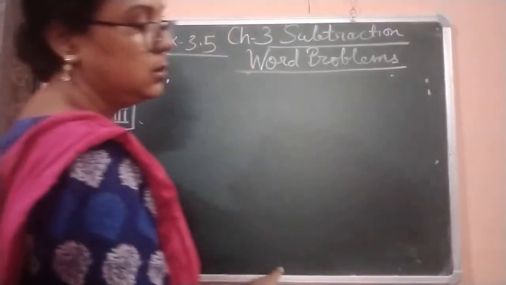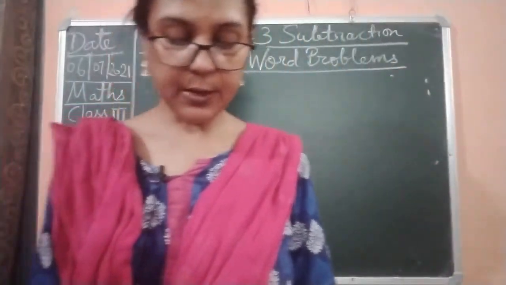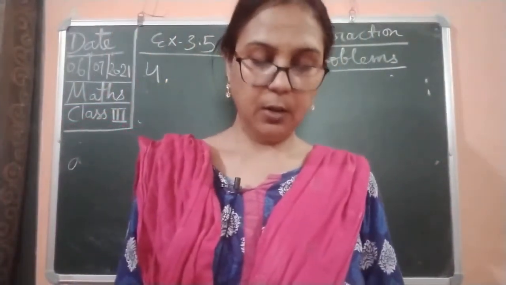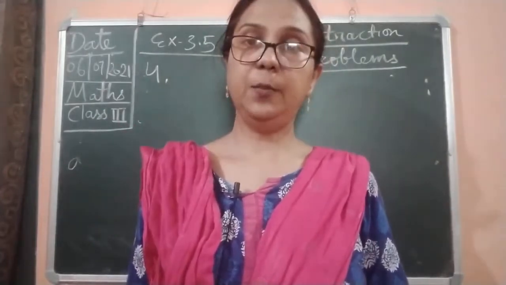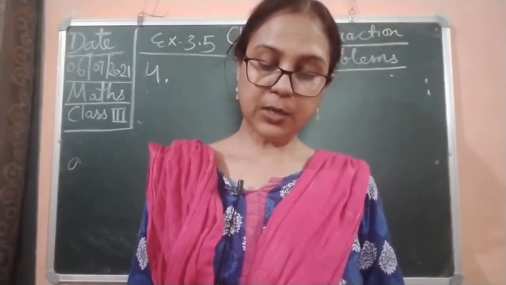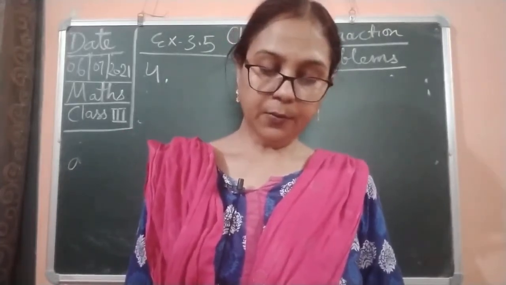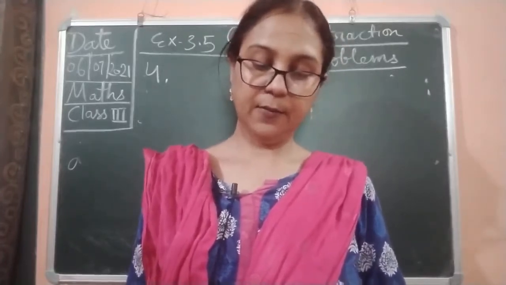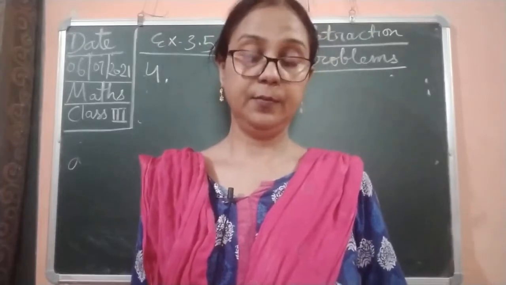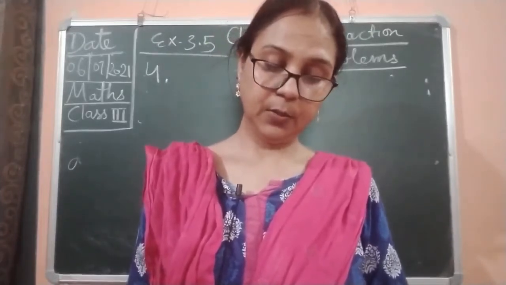Now number 4 is: Ayush bought 5,788 pairs of shoes in January for his shop. On 1st February, he had 1,475 pairs left. How many pairs did he sell in January?